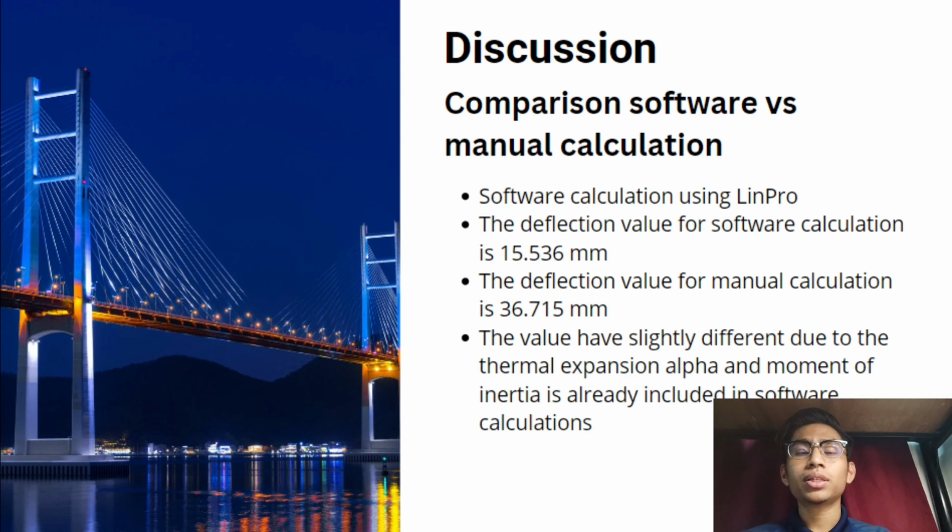Technically, the manual calculation that has been calculated by our group members is correct. However, the results for both methods are not the same and have different values. This is because the thermal expansion alpha and moment of inertia are already included in the software calculations, while the manual calculation did not include that.